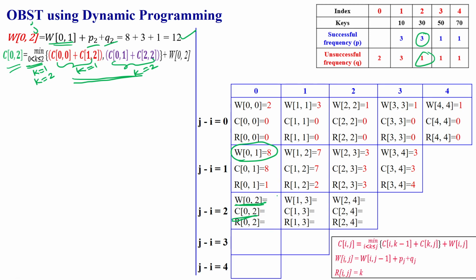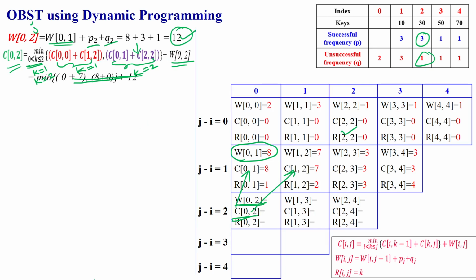So these values are coming from the previous two steps, you see c of 0 comma 1, and c of 2 comma 2, right? So here 0 comma 1 and 2 comma 2 are previous steps. Then here w of 0 comma 2, right, we found in this step.